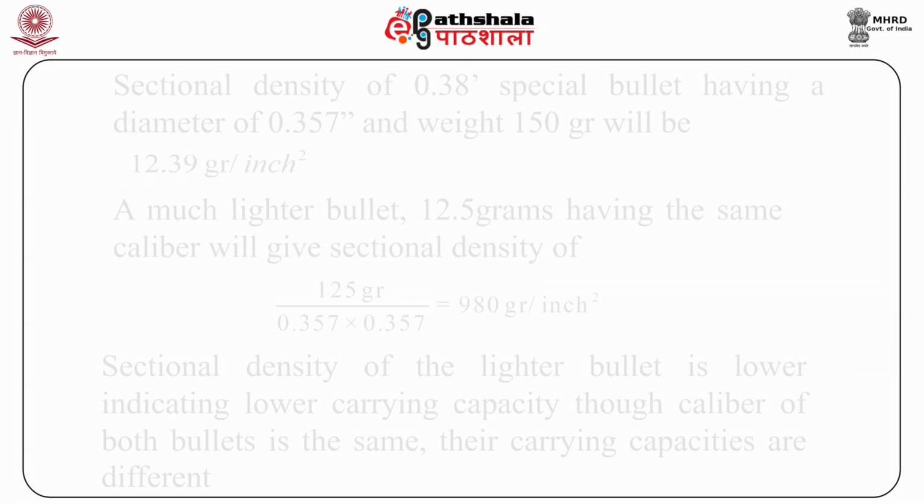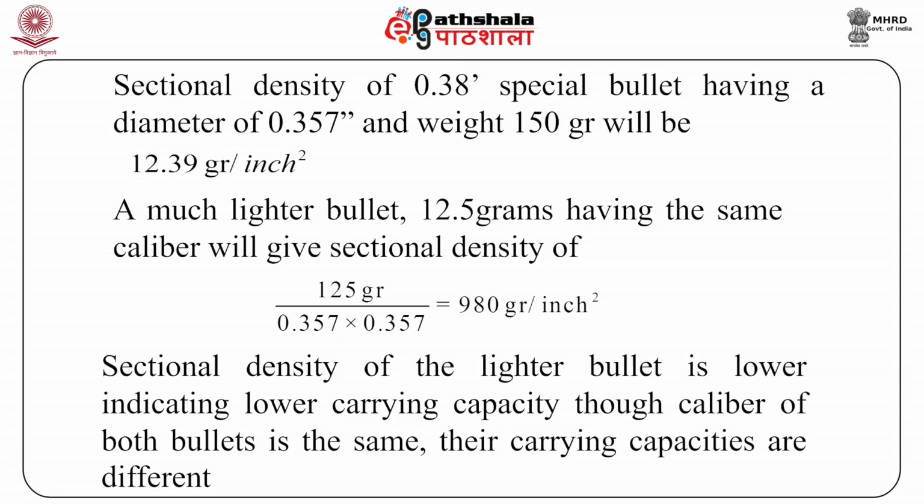Example: sectional density of 0.38 inch special bullet having a diameter of 0.357 inch and weight of 150 grams will be 12.39 gram per inch square.